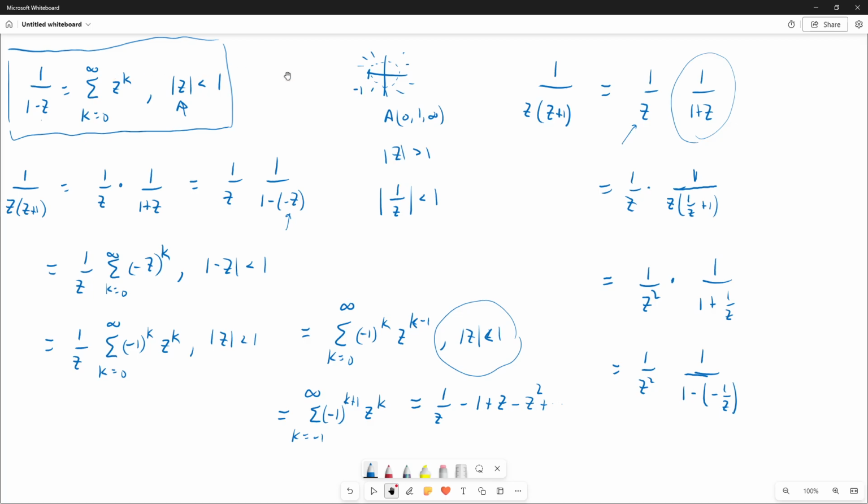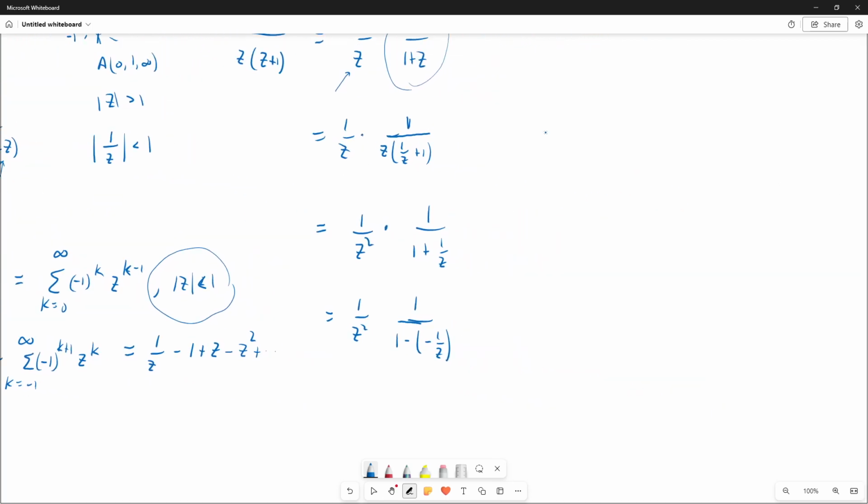And so this is going to be 1 over z squared times summation k equals 0 to infinity of (-1 over z) to the k. And this is valid as long as the modulus of -1 over z is less than 1.